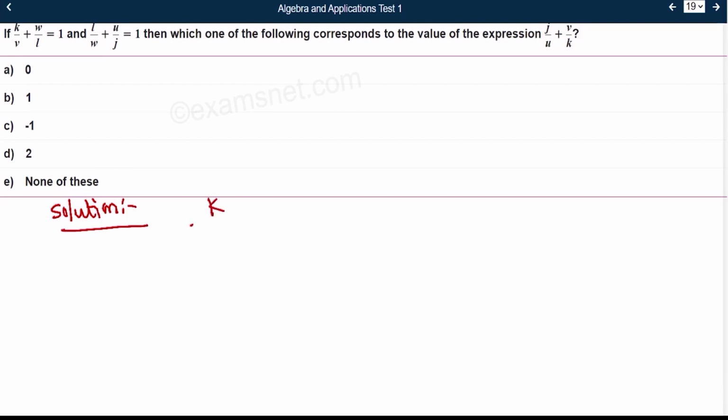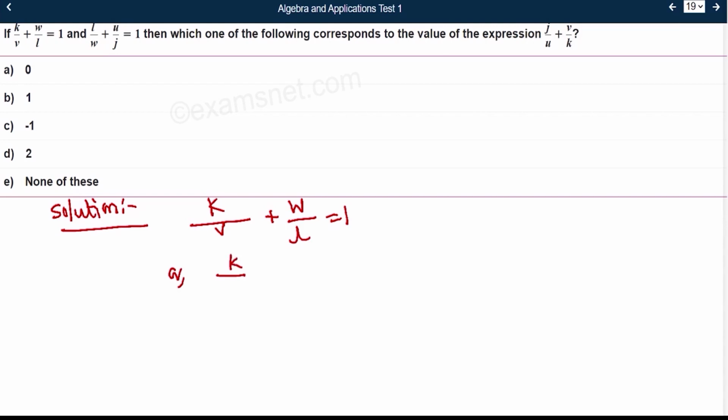That is, we are given k by v plus w by l equals 1, right? And look at the expression we are required to find the value of. There is one term as v by k, correct? So is it possible for us to get that term from here?